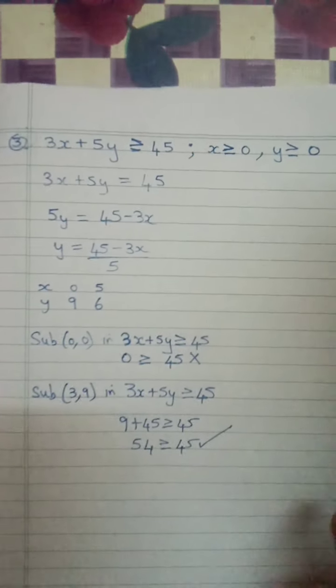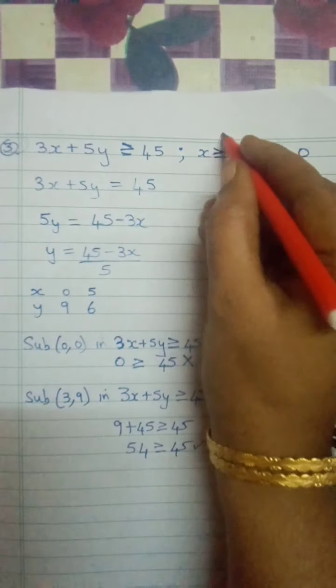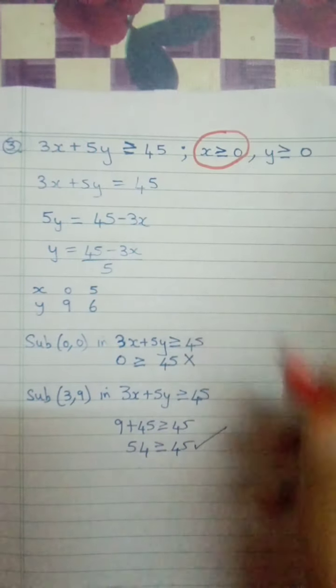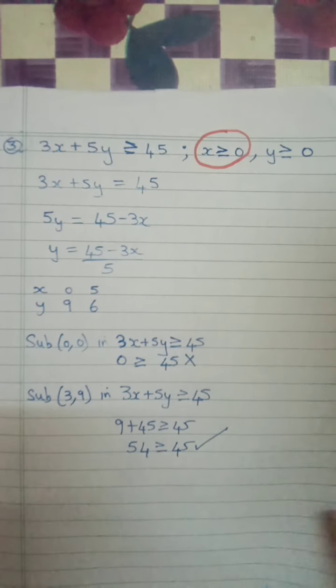Now let us see the next inequation. Next inequation what we have is x is greater than or equal to 0. That means x is positive numbers. So let us see where is x greater than or equal to 0 in the graph.